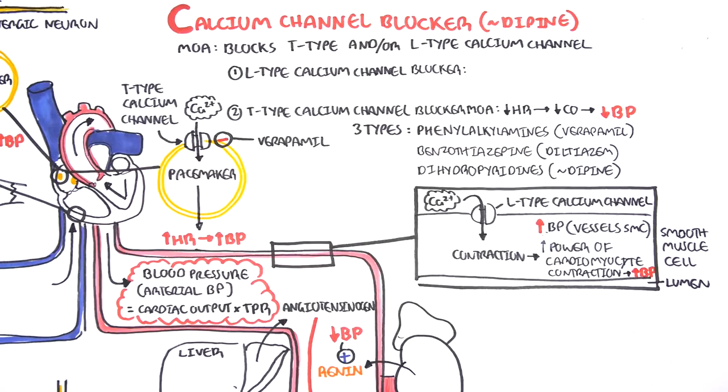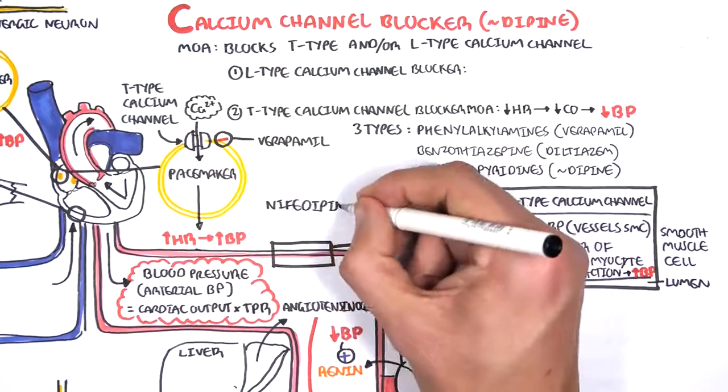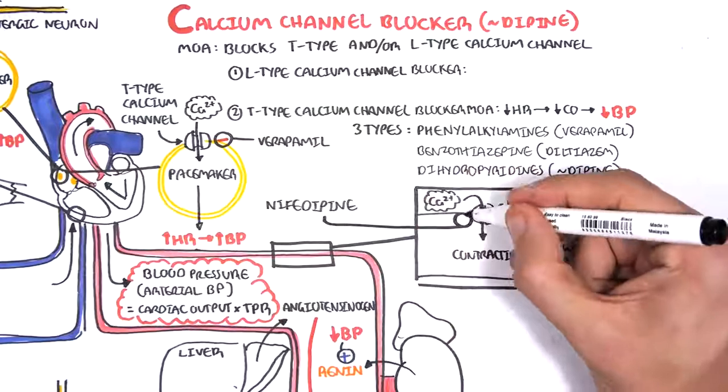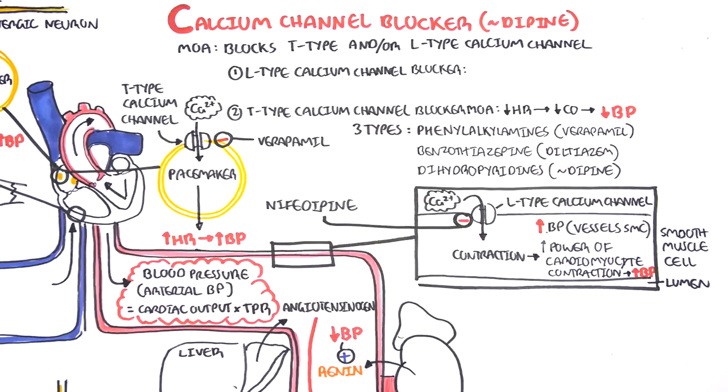L-type calcium channel blockers are the dihydropyridines that end in dapine. Some of the dihydropyridines also block T-type calcium channels, and so are also part of the T-type calcium channel category. A common example of an L-type calcium channel blocker is nifedipine.